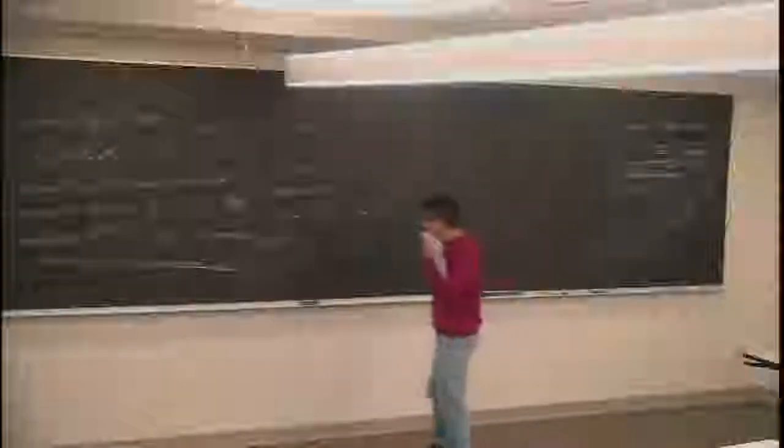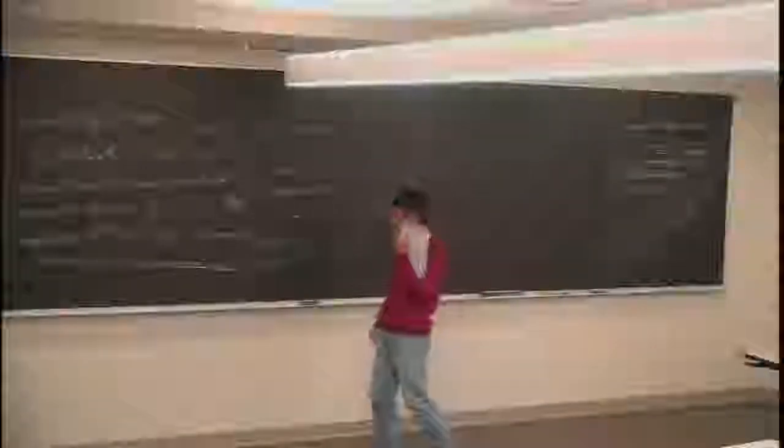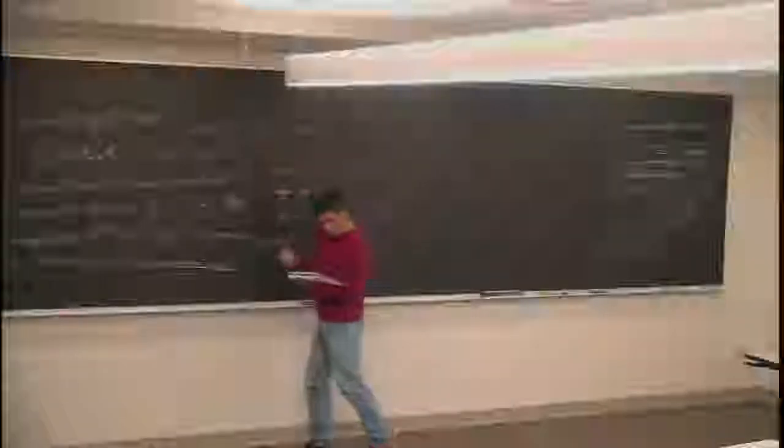Okay, so whatever this part means, at the end, the theorem says that this group is generated by the cohomology classes that you associate to these cycles.